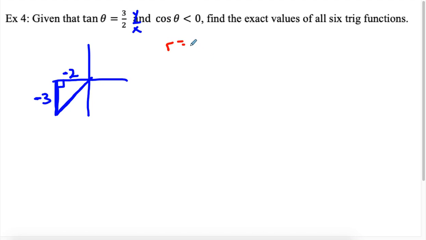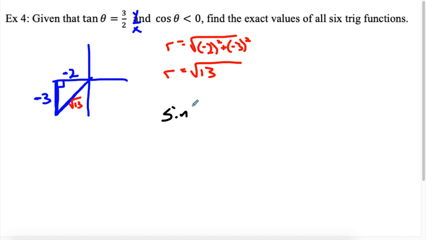So now I need to find the third side of my right triangle, which we called r. So r is going to be the square root of -2 squared plus -3 squared. So that'll be 4 plus 9, which is 13. So this side is the square root of 13. Okay? And from that then, we can list our 6 trig values. So sine, and again, we're just looking at this angle here in our triangle.